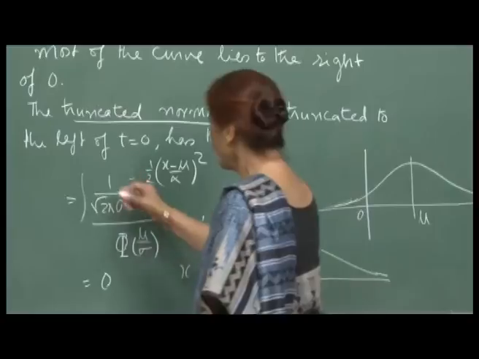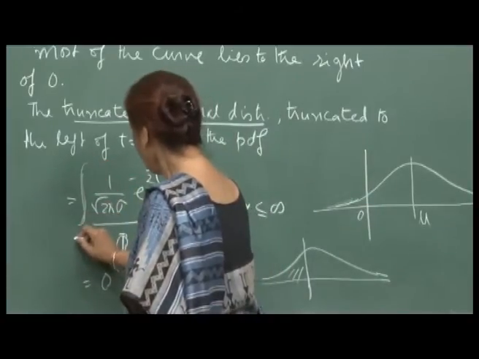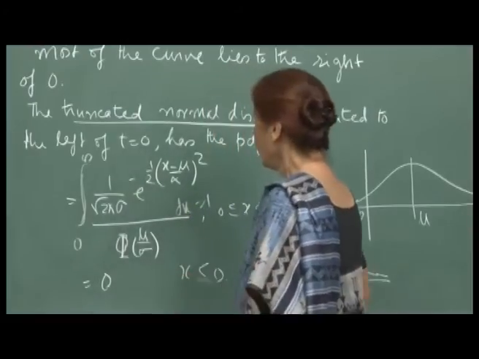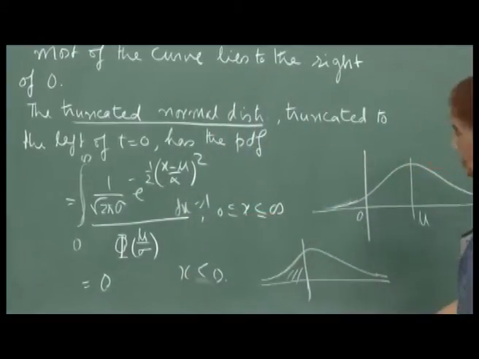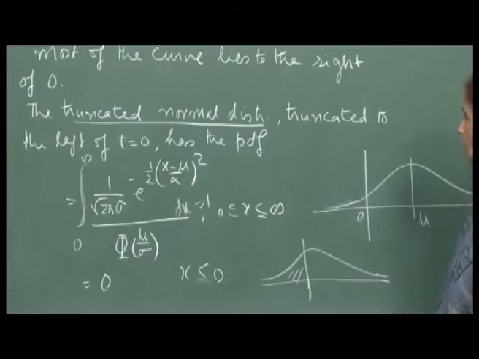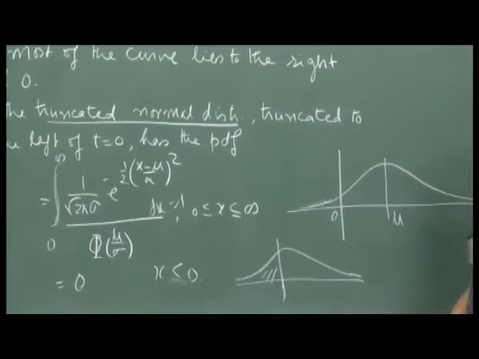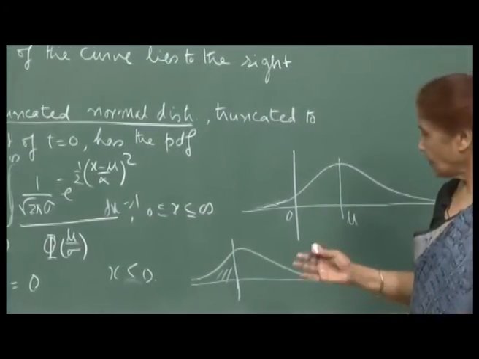So, this is from 0 to infinity, and this will integrate to 1, but this is not what I want, because I want the normal failure law, but it should be such that most of the curve lies to the right of t equal to 0. That is the meaning.